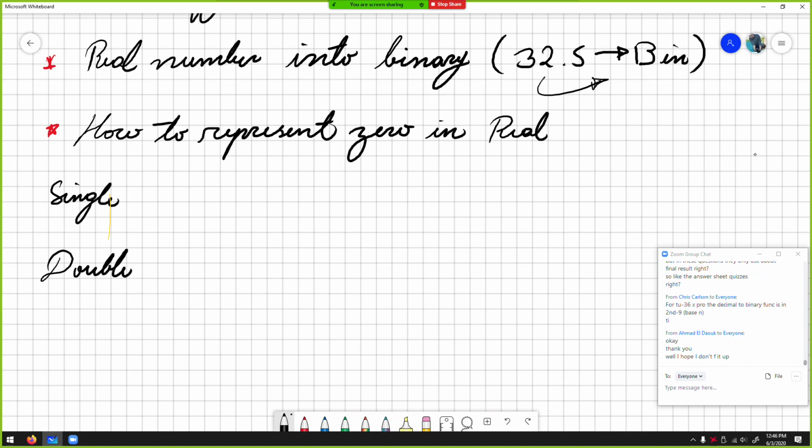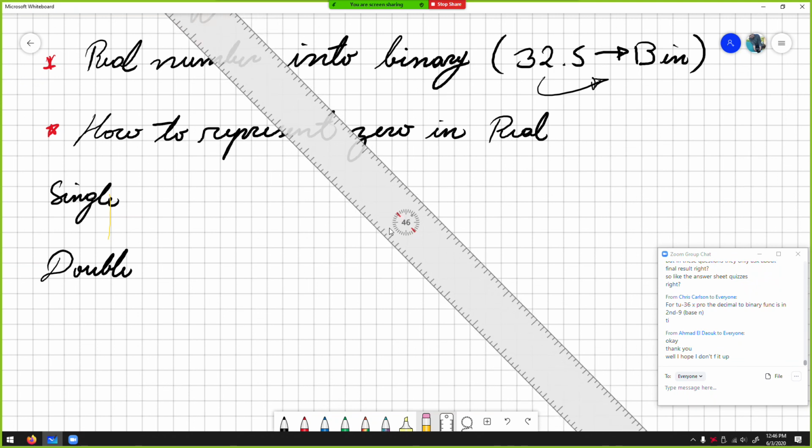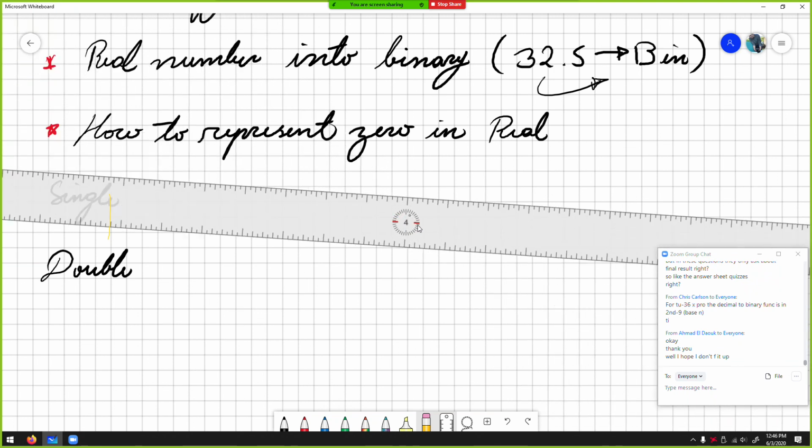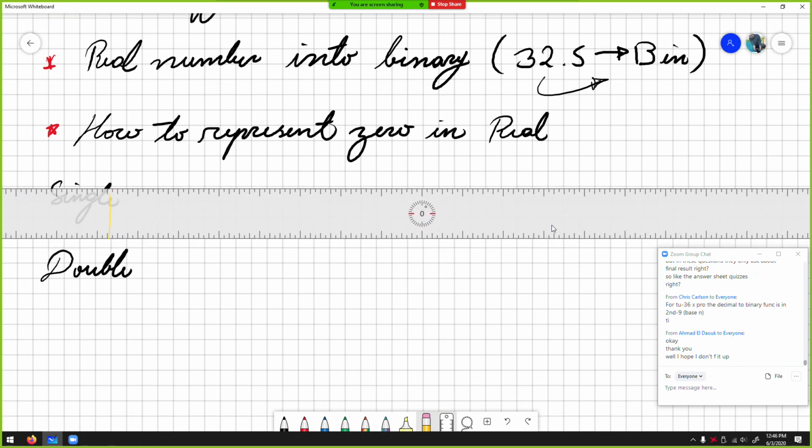So for single precision, both of these guys are gonna be arranged. We have, oh, that's disgusting. Let me see if I can make this fancy. Give me 1 second. There you go. And I want to write it up here. I'm gonna get my handy dandy ruler.